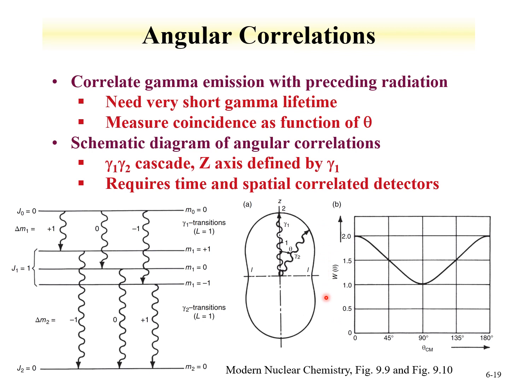This W theta, which I would get from the previous equation, as a function of angle. So I'd be able to use this correlation to determine the multipolarity of the gamma decay. This requires a cascade, and the z-axis would be defined by the first gamma emission.